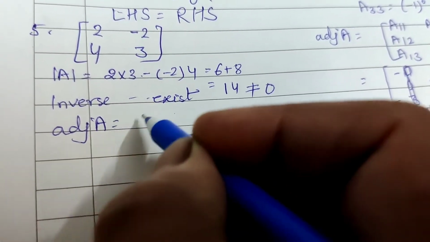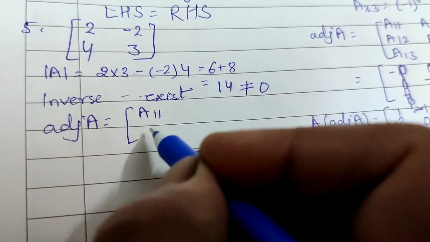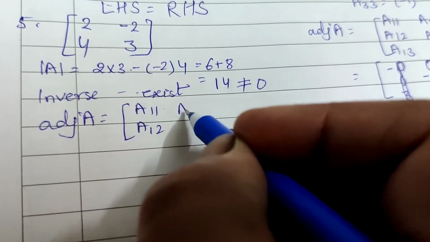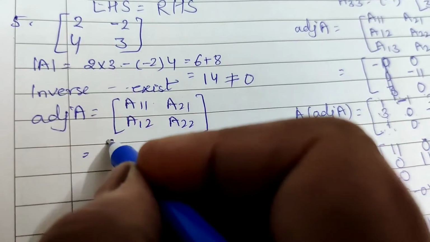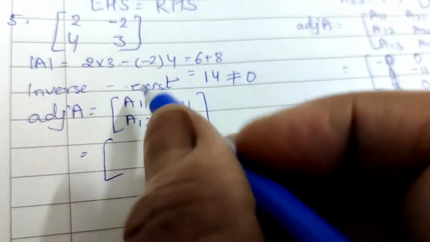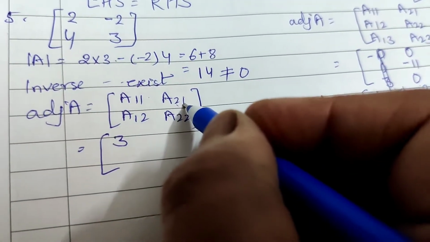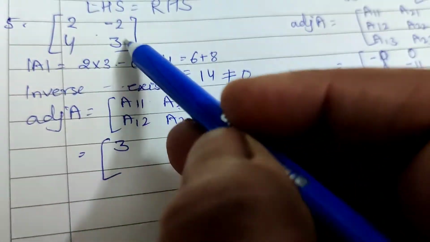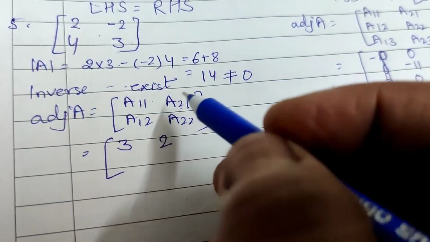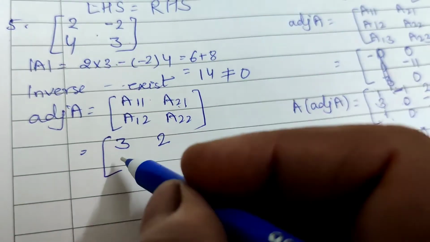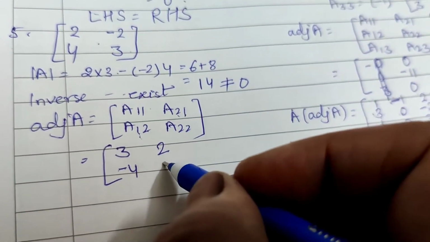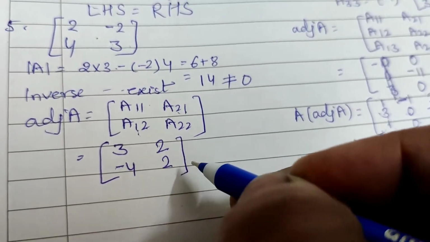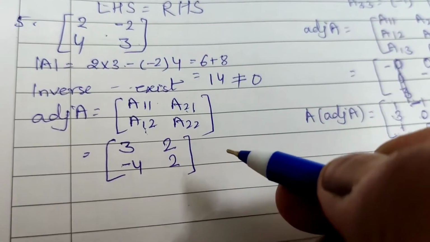Adjoint of A. It is capital A11, A12, A21 and A22. Just write the cofactors. A11 means positive, it is 3. A21 negative, negative of second row first column 2. A12 first row second column, it is 4, but it is in negative because the power is 3, and A22 is 2. 3 2 minus 4 2.